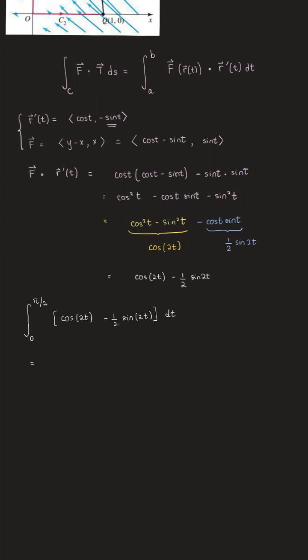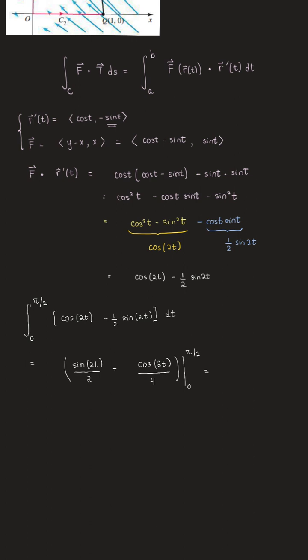For the first integral, that's going to be sine of 2t divided by 2. And our second integral would be a negative cosine, but that's going to become a positive because of this negative in front. So we'll have a positive cosine of 2t divided by 2, but I already had a 1/2 before, so this will be divided by 4. And we're integrating from 0 to pi over 2.